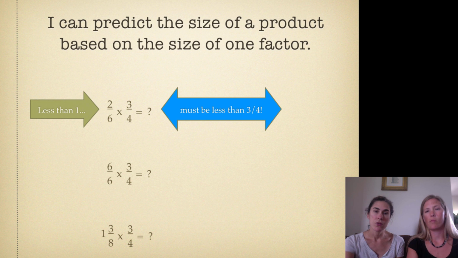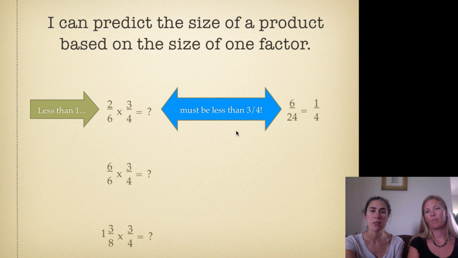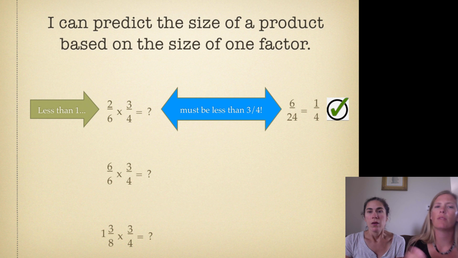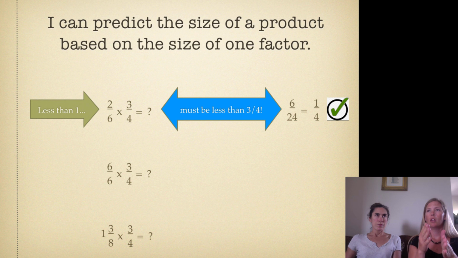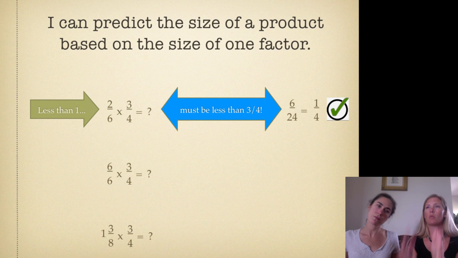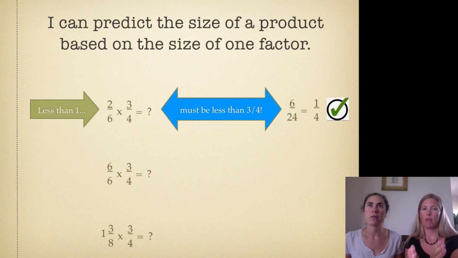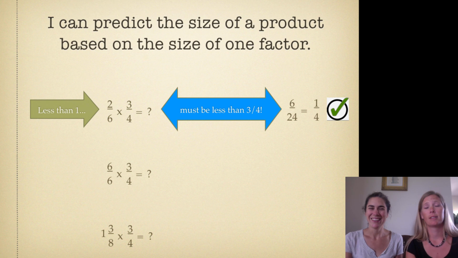If you take the time to actually solve this problem, your answer is 6/24, which can be simplified to 1/4, which of course is smaller than 3/4. So if you're multiplying a fraction by a fraction that is smaller than 1, your answer will be smaller than that first factor. There's a lot of mathy words going on.